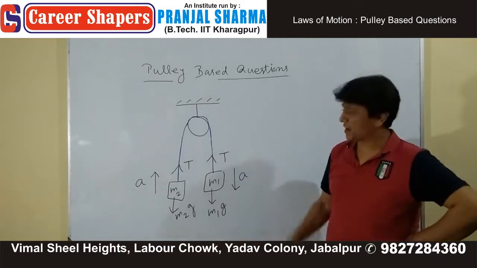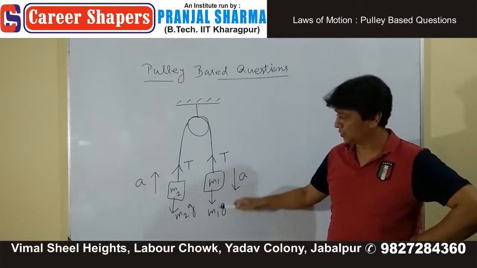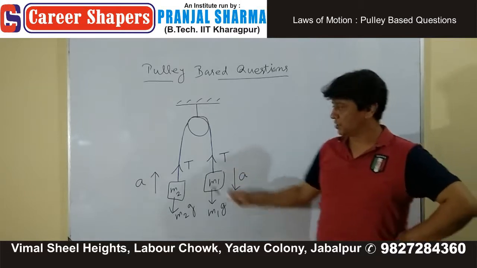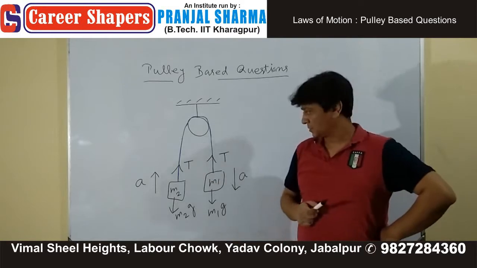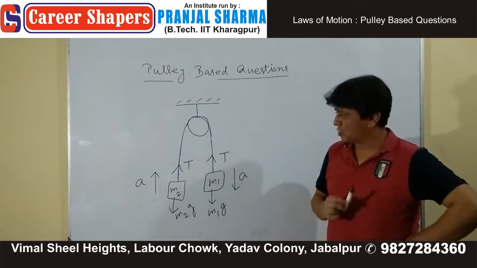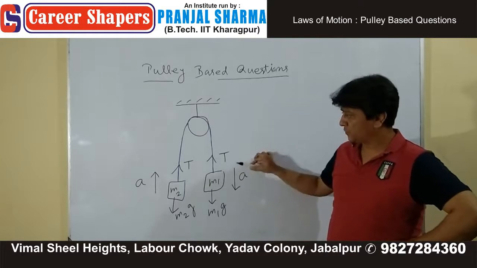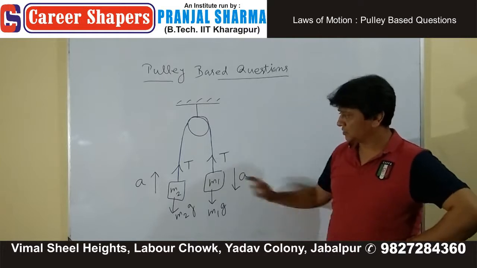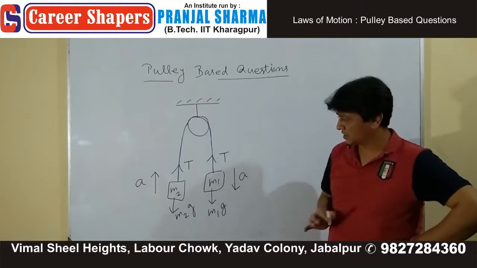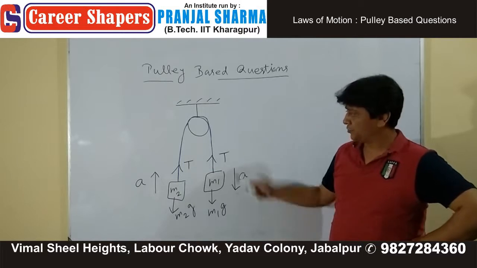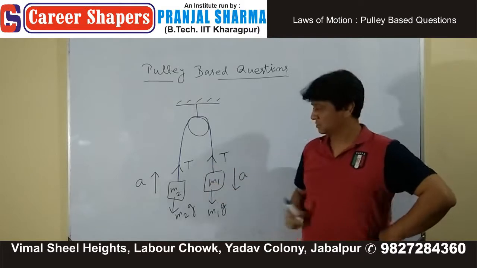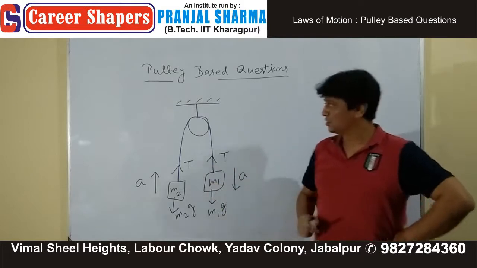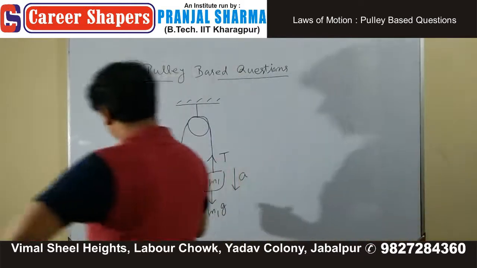In the free body diagram, you need to show all the forces and their accelerations. Those of you who have drawn forces and accelerations like this, write down yes in the comment box. If you have shown T up, same tension like this, M1G, M2G, then write down yes in the comment box.